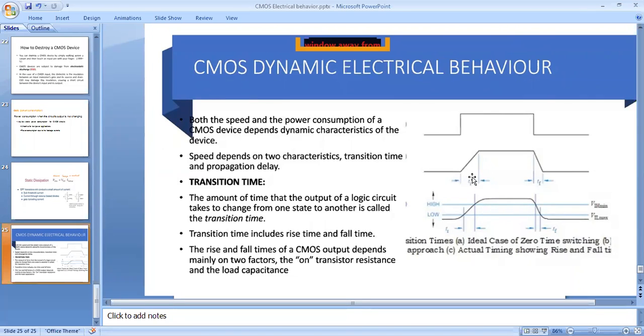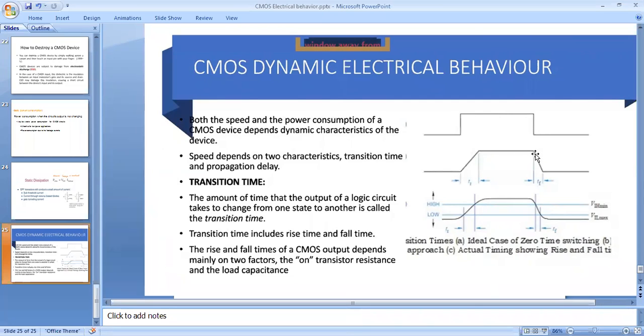Rise time is represented with the TR and fall time is represented with the TF. So what is TR? Rise time. The time required to change from low to high is considered as rise time.